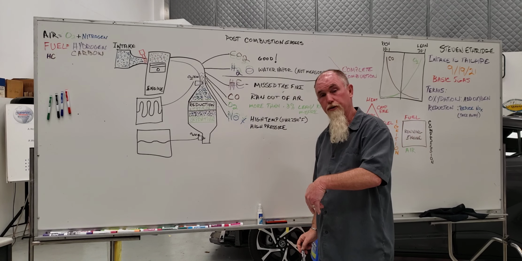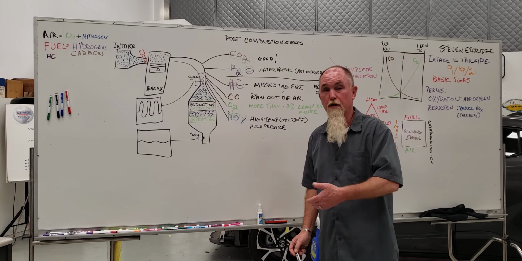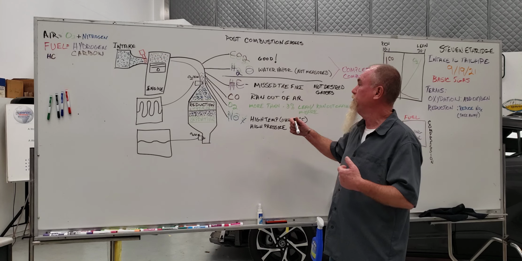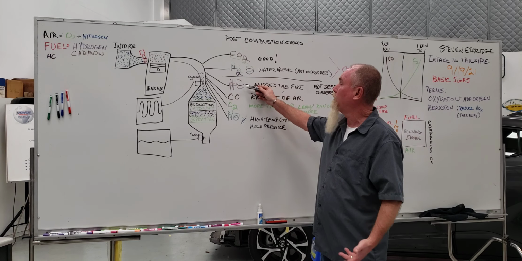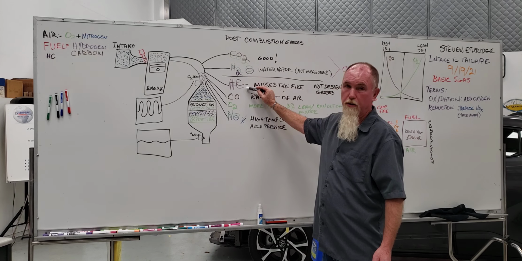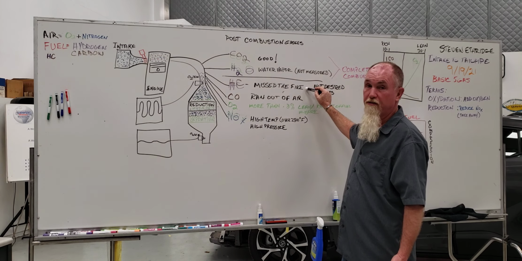So the CO2 is going to drop in the toilet. But these chemicals have to go someplace. Carbon and oxygen still have to go someplace. So in the event that we've got a point where the HC comes in and goes out the same way, if you've got hydrogen and carbon that is high, you missed the fire.